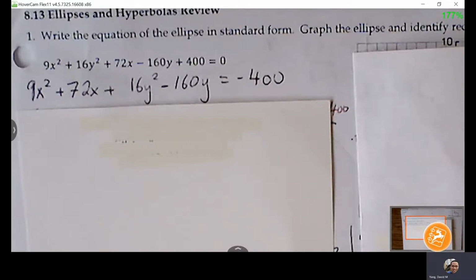You know you're dealing with an ellipse because your x and y squared are both positive, they have the same signs, and they have different coefficients, so you know it's not a circle. Start grouping the x's together, then the y's, and then the constant on the other side. You've got to deal with the GCF for the x's and the GCF for the y's, and then gradually set up for completing the square.